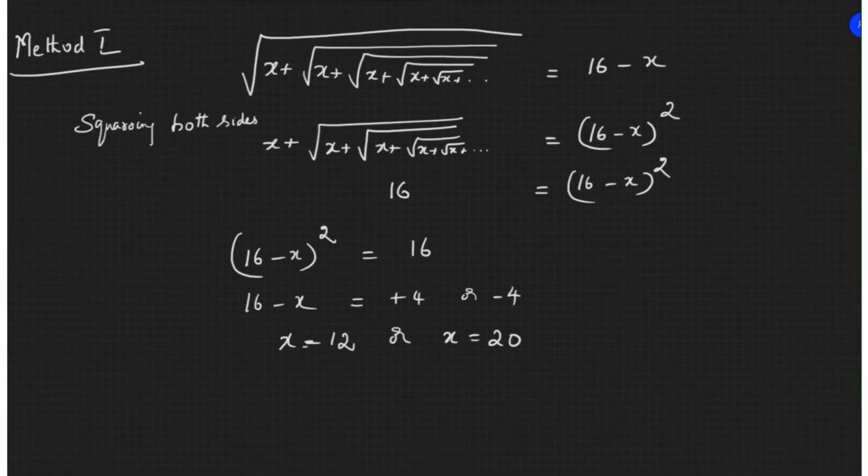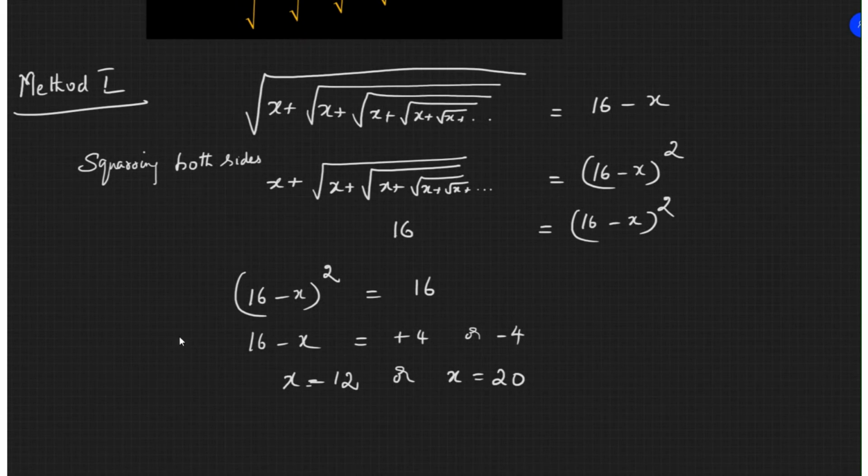Now suppose x is equal to 20, then my right hand side, 60 minus x, will be negative. Since I have the square root of something, this cannot be negative.